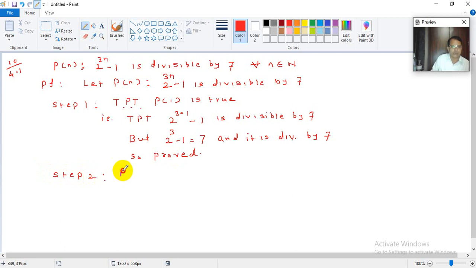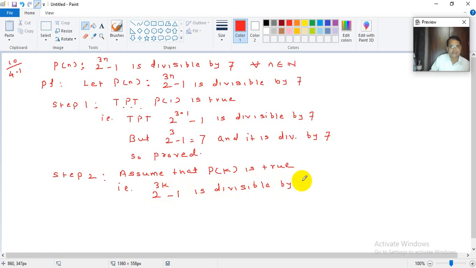Here assume, what you will assume here? Assume that Pk is true. That is, 2 raised to 3k minus 1 is divisible by 7.